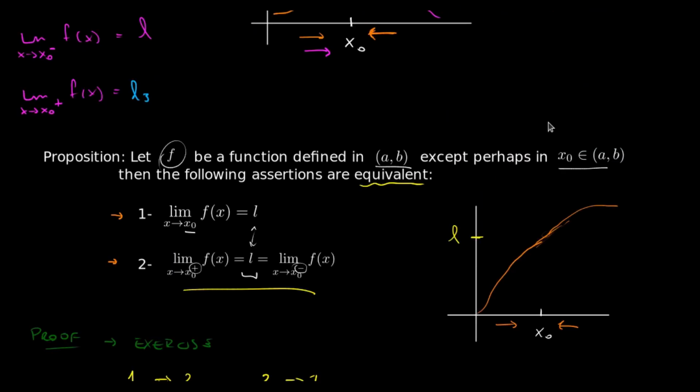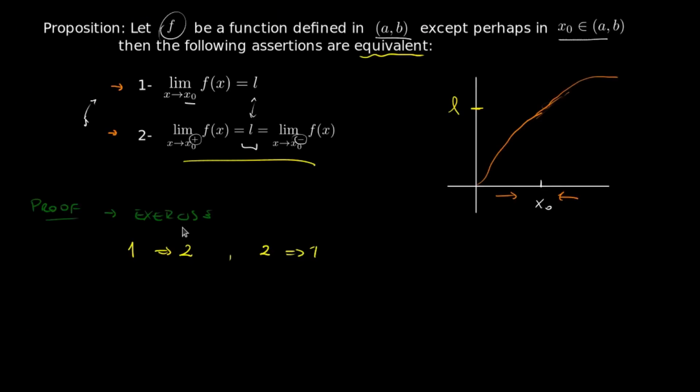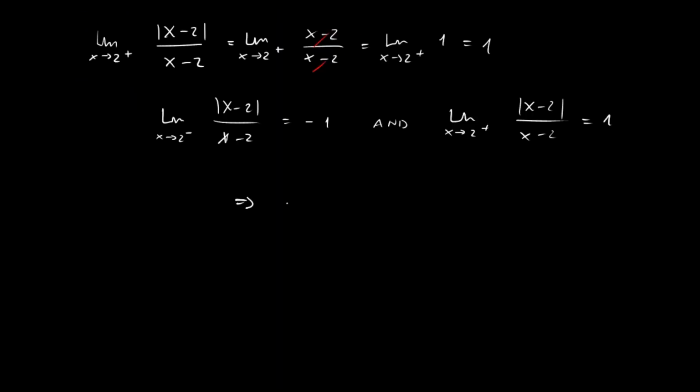So using the proposition, if these two things are equivalent, then when this is not valid, this one is not valid. So then we can say that the limit when x tends to 2 of the function does not exist. And this is pretty much all there is to know about one-sided limits, so we can move on to the next topic, which is infinite limits.